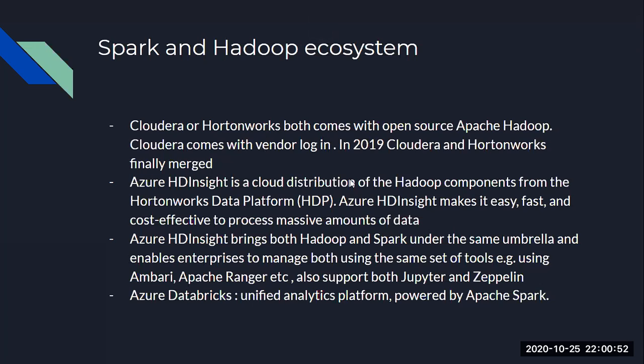One piece of good news or bad news, depending on you, is that in 2019 Cloudera and Hortonworks merged into one another. So nowadays, we just prefer to say Cloudera. We don't talk about Hortonworks anymore.